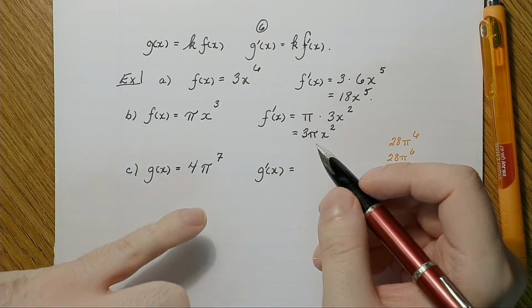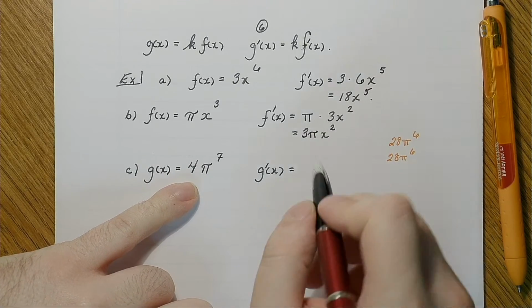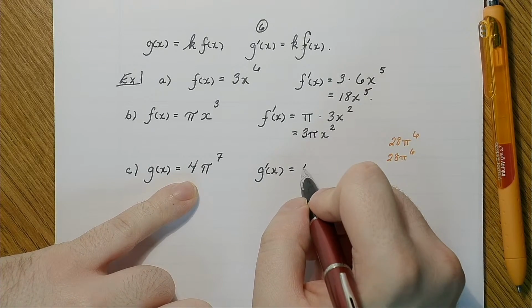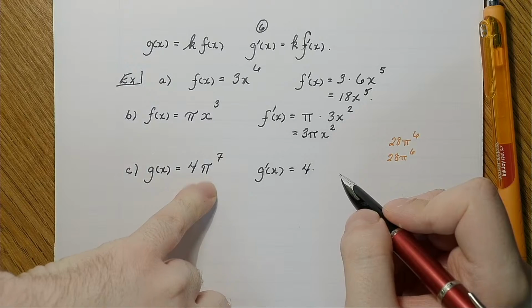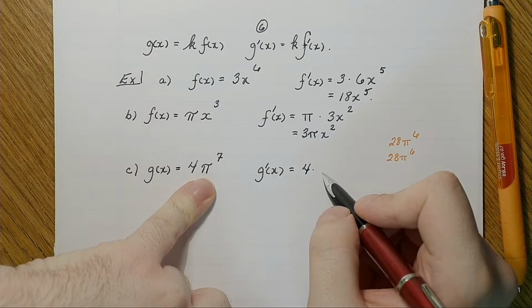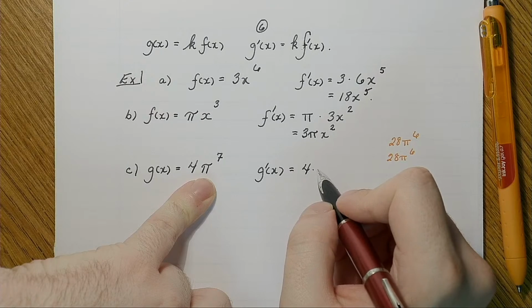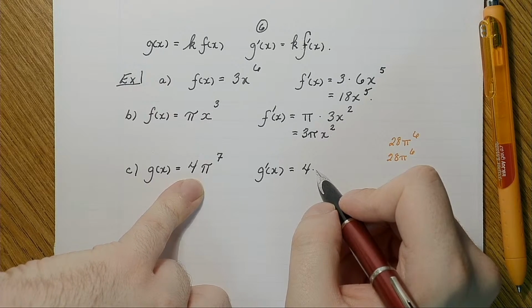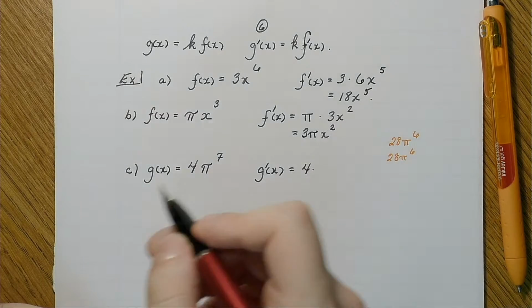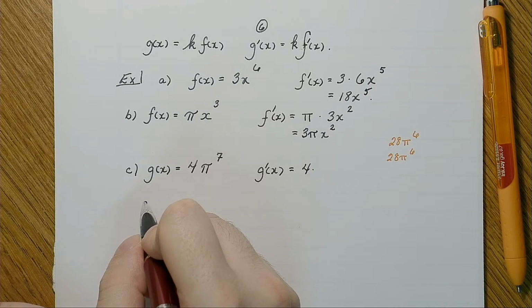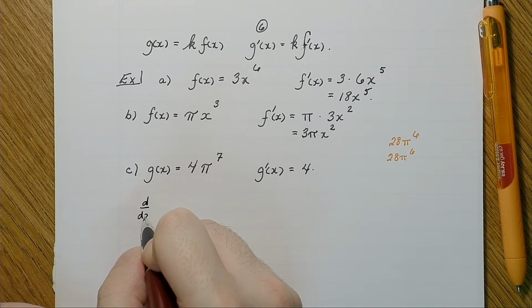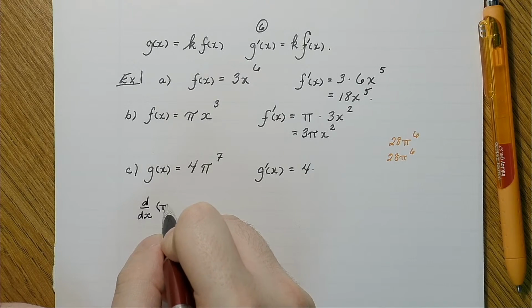So let's do this. I have 4 times, I'm going to do the derivative of this function. But what is the derivative of pi?